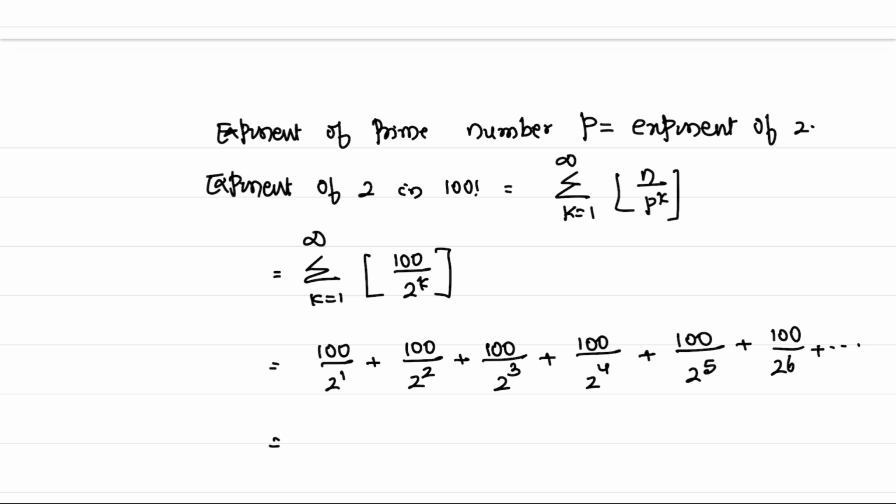Then 100 by 2 to the power of 1 is 100 by 2, plus 100 by 2 to the power of 2, which is 2 square, is 100 by 4.